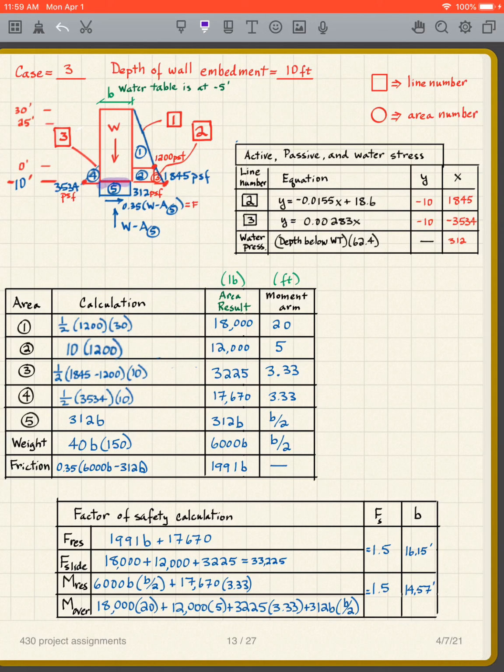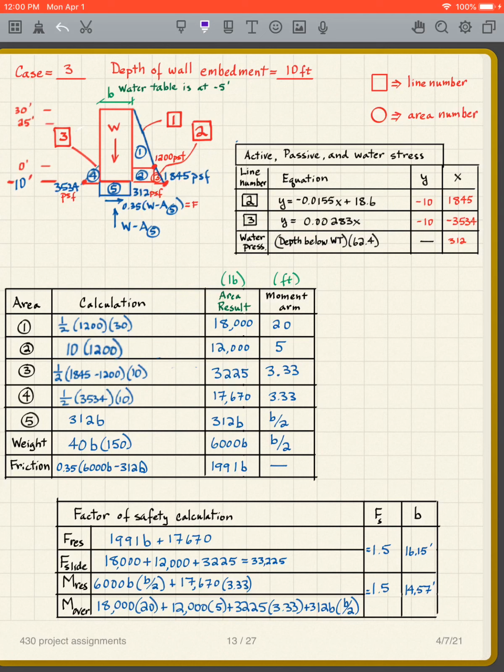For my water pressure, well, I'm 5 feet below the water table, so the depth below the water table is 5, times 62.4, the density of water, so 5 times 62.4 gives me 312, and that gives me this value here of 312 psf.